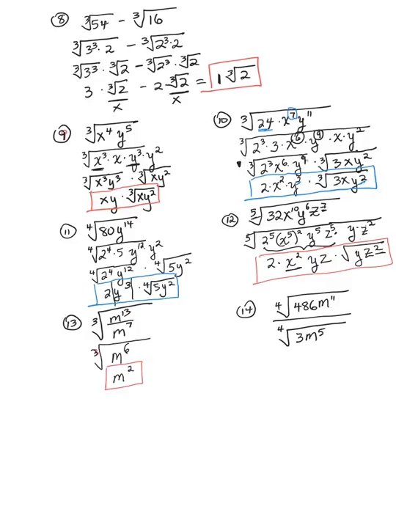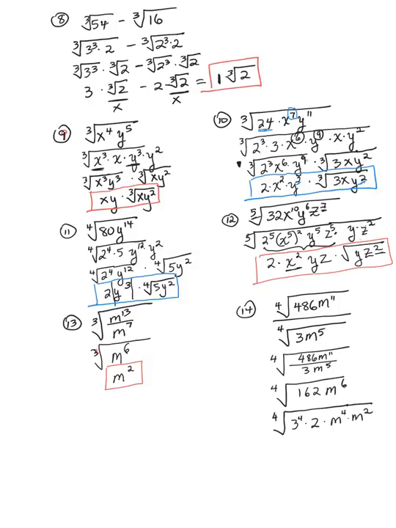Similarly, for this one, we could write the 4th root of 486 m to the 11th divided by 3m to the 5th. We divide the coefficients and we get there 162 m to the 6th. But 162 can be written as 3 to the 4th times 2. And m to the 6th is m to the 4th times m squared.